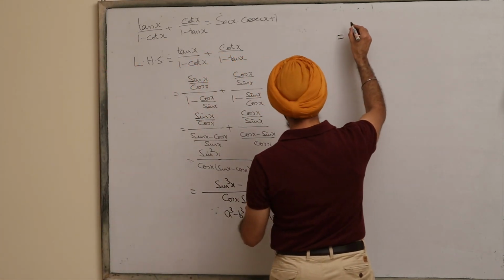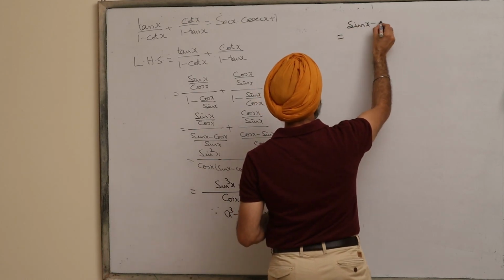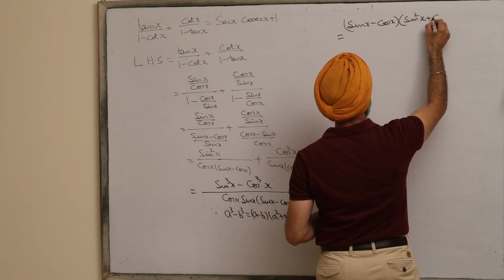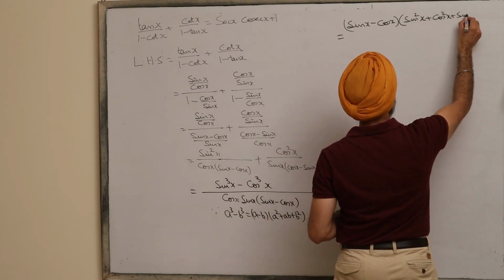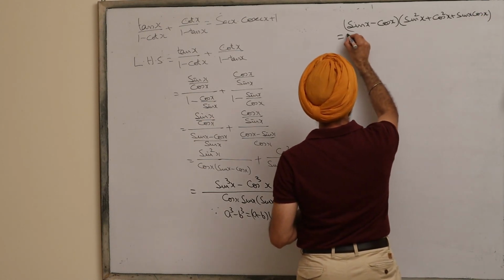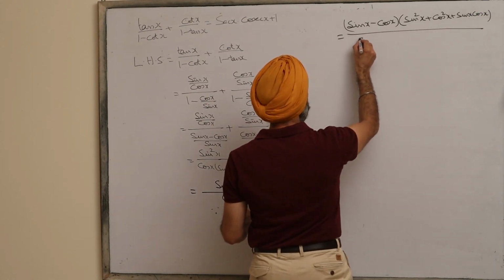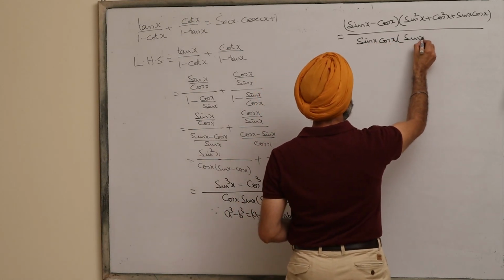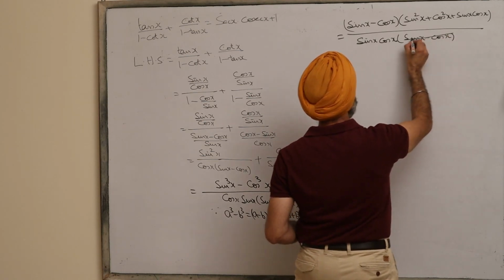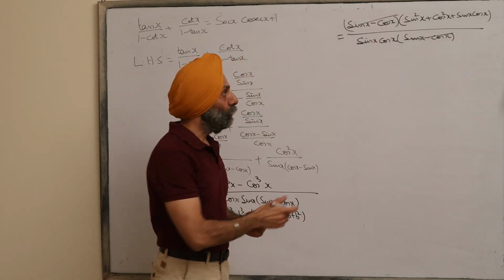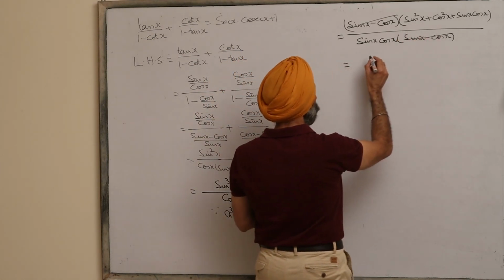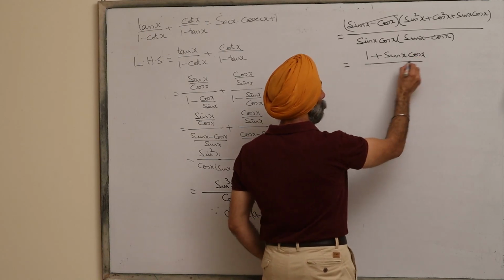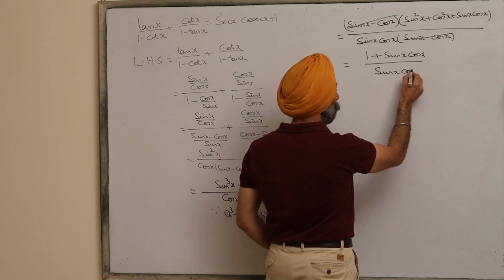So this is equal to (sin x minus cos x) into (sin^2 x plus cos^2 x plus sin x into cos x) upon sin x into cos x into (sin x minus cos x). So this term will cancel. So what is the value of sin^2 x plus cos^2 x? 1 plus sin x into cos x upon sin x into cos x.